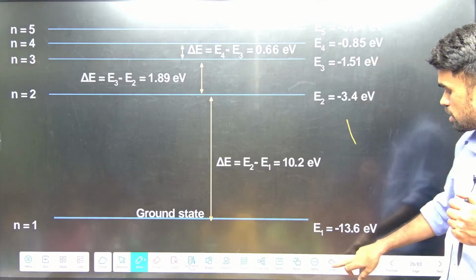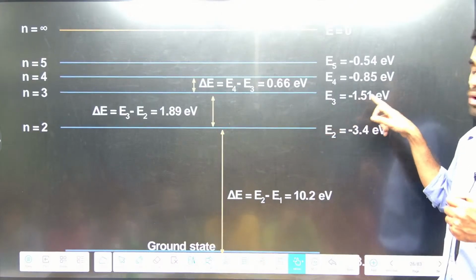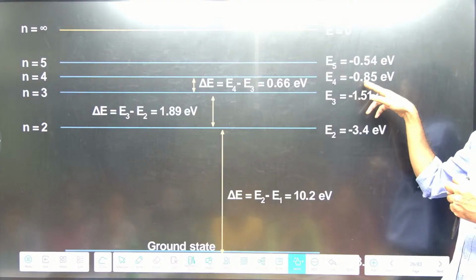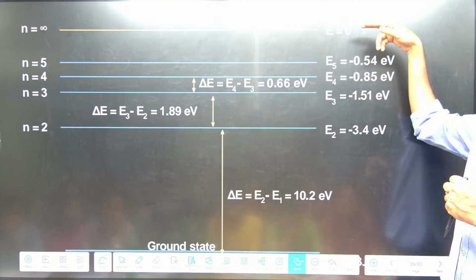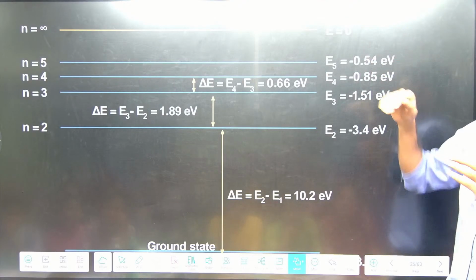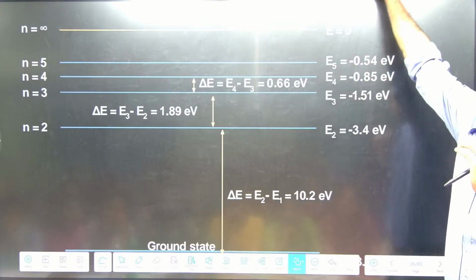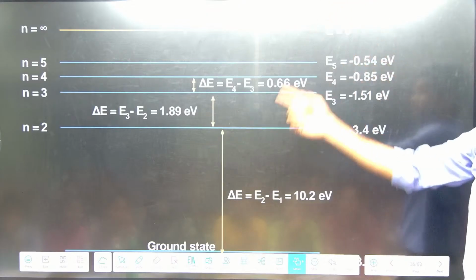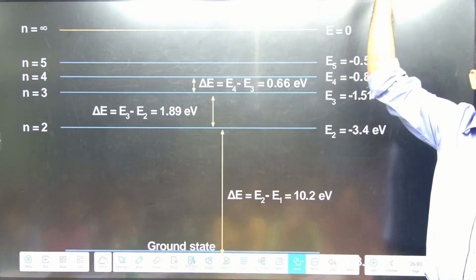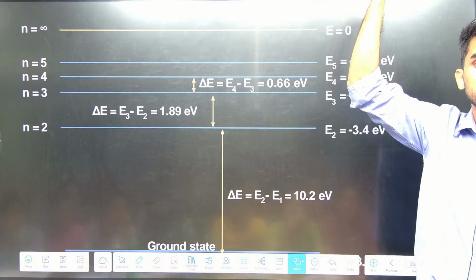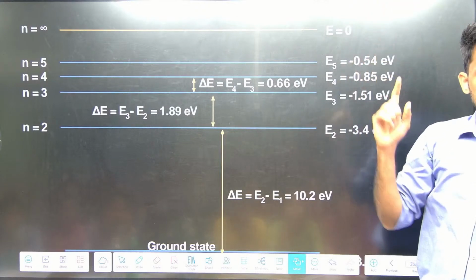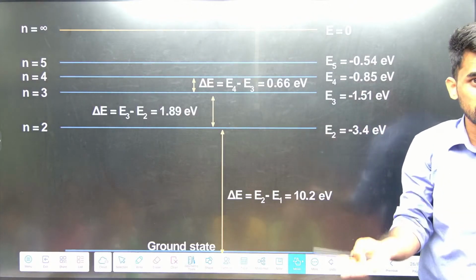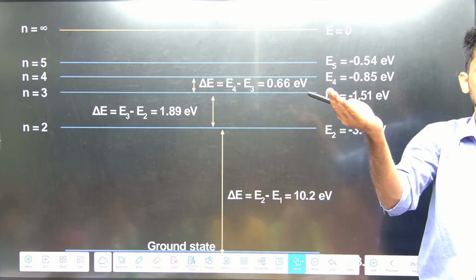If you go a little higher, minus 1.51. As you go upside, like n equals 4, it is minus 0.85. Like that we are moving up to the infinite level. The infinite level energy is 0. So as n value increases, energy also increases. Remember, again: n value increases, energy also increases.